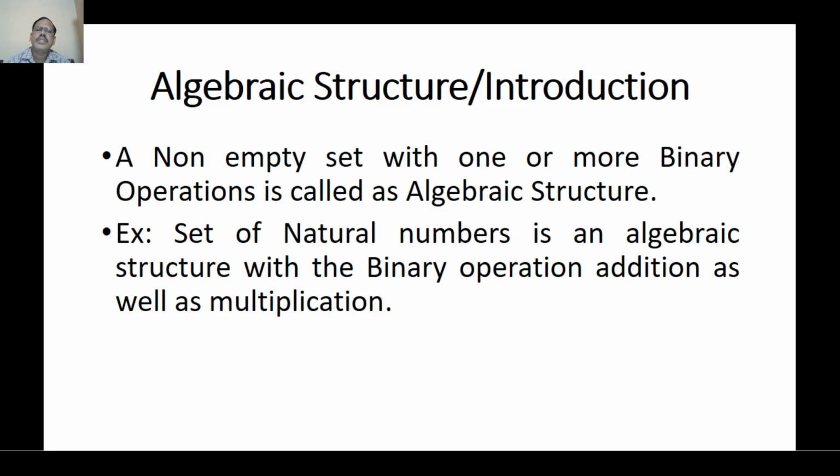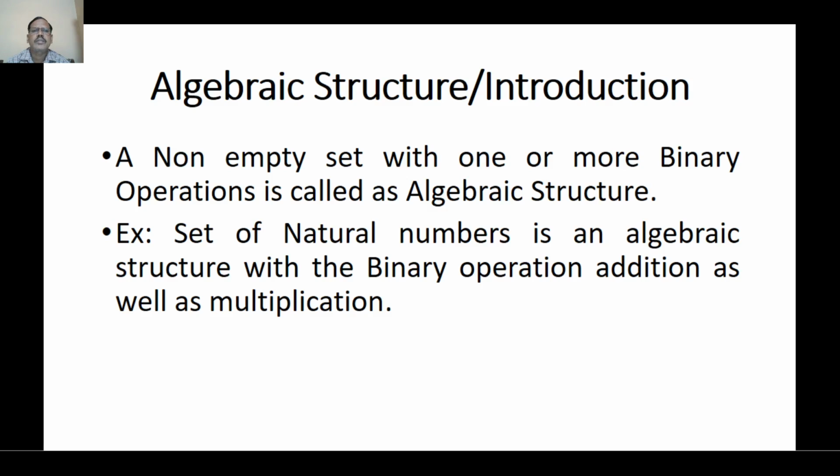For example, the set of natural numbers is an algebraic structure with binary operation addition as well as multiplication. If you consider the set of natural numbers with addition as binary operation, then if you add any two natural numbers, say 2 and 3, it is 5, which is also a natural number. 5 plus 7 is 12, also a natural number.